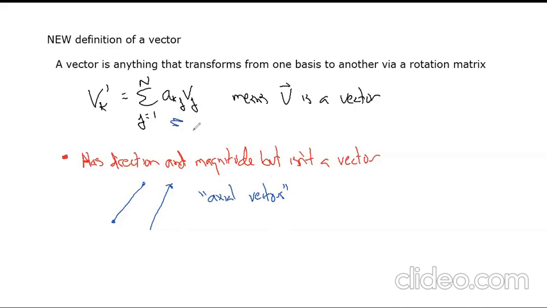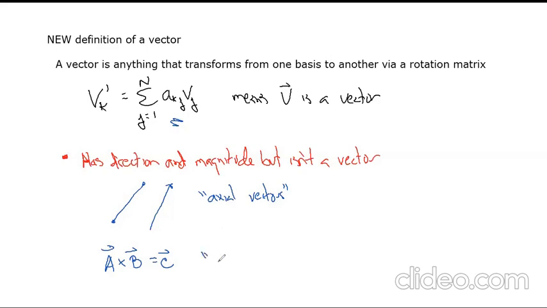There's another thing that seems like a vector but isn't a vector. Let's say I created something through a cross product. You can kind of figure this out geometrically too, with the right-hand rule definition of how you get something through a cross product. These actually also don't have the correct transformation properties.